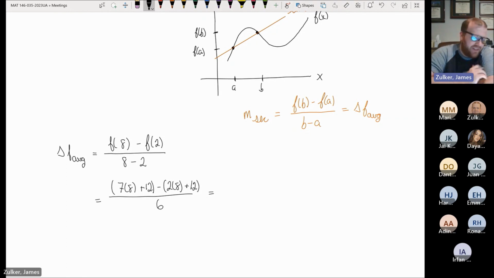But notice what happens when I write it in this form. You can drop out the 12s. Ends up being 56. I don't know why I wrote 2 times 8.